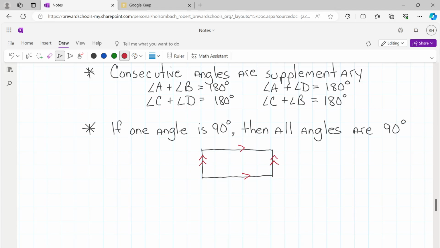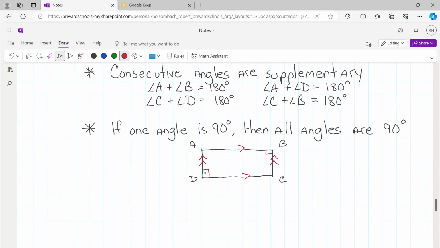If one angle is 90 degrees, then all angles are 90 degrees. So if this shape has these same vertices, A, B, C, D, then look, if we make angle D 90 degrees, by the rule opposite angles are congruent, then B has to be 90 degrees.